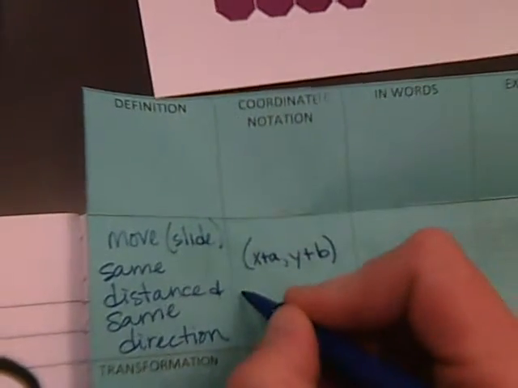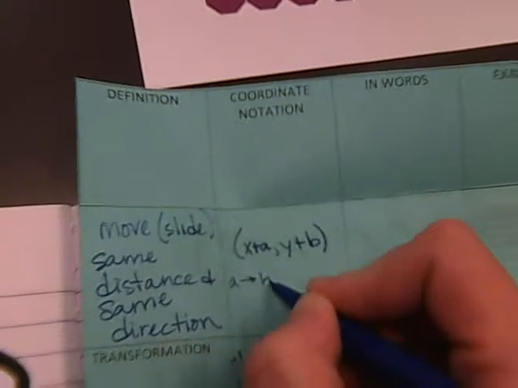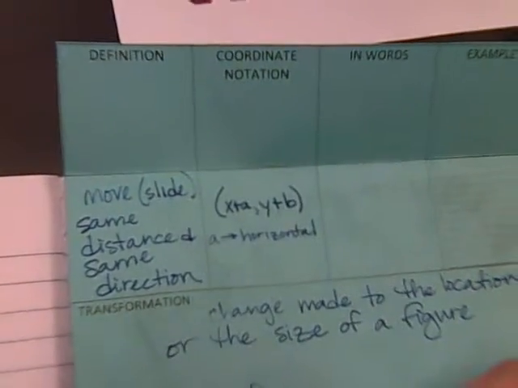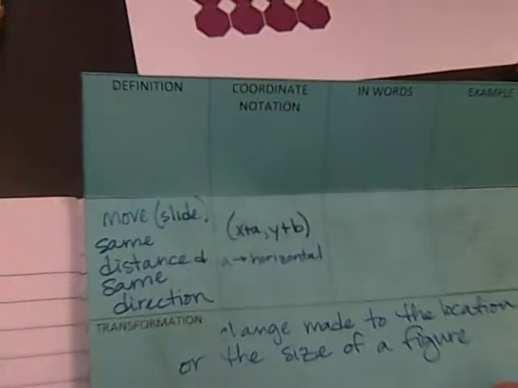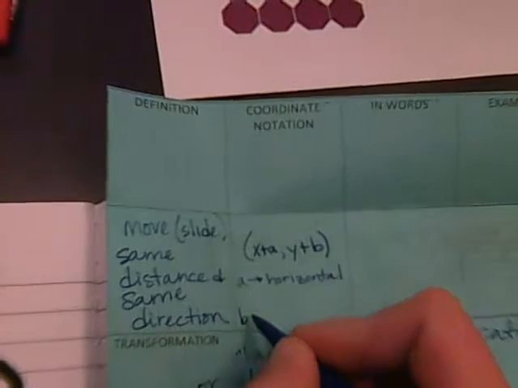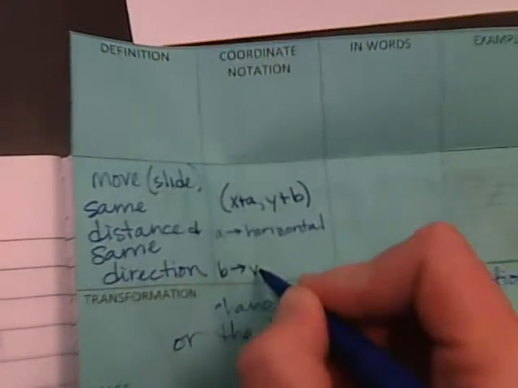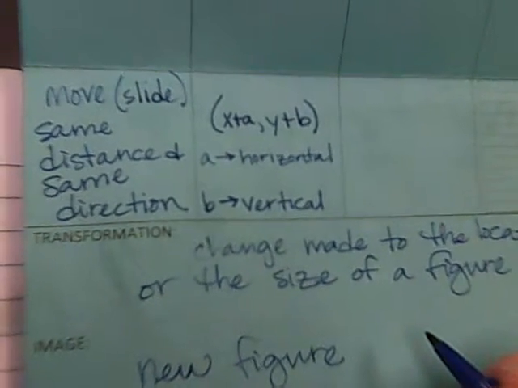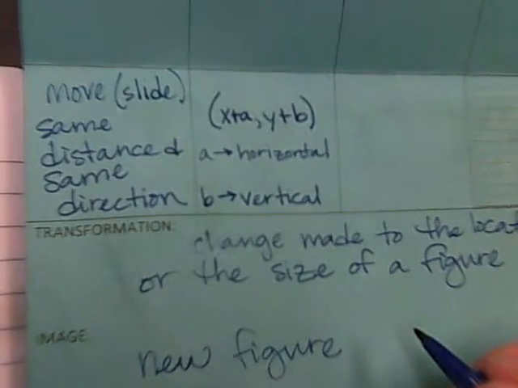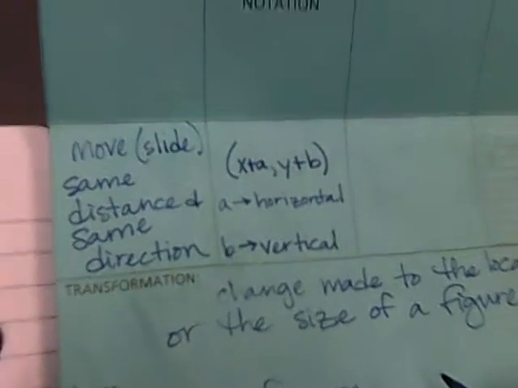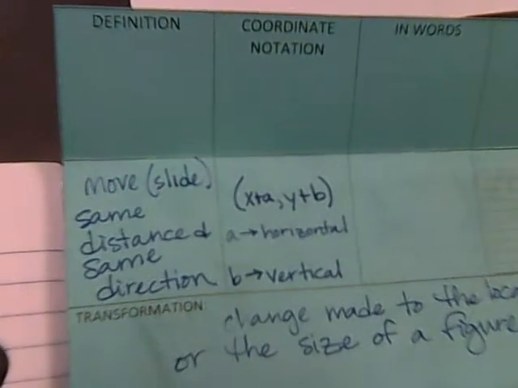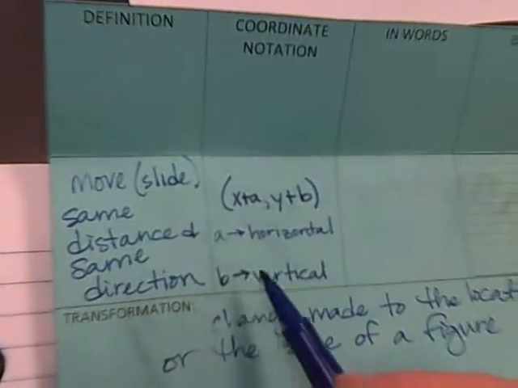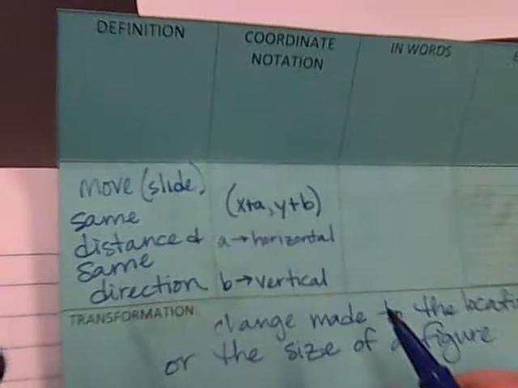Now, a is my horizontal movement, left to right, and b is my vertical movement, up and down. So coordinate notation is (x plus a, y plus b), meaning if I have horizontal movement, it's going to affect my x, and if I have vertical movement, it's going to affect my y.